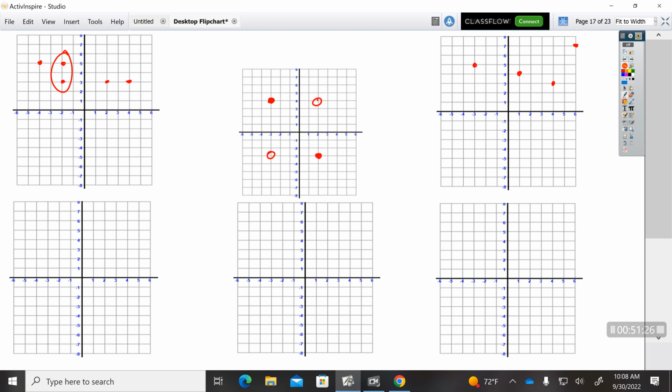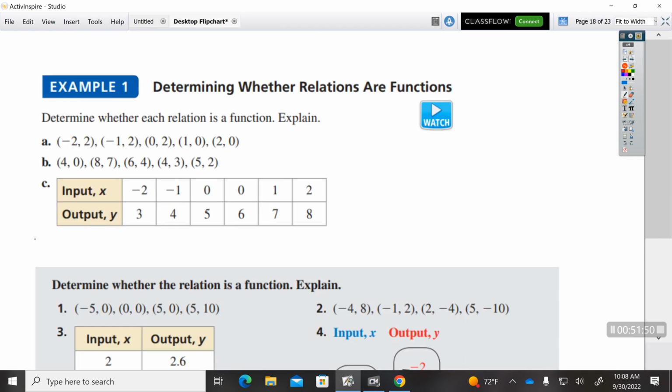Is this a function? Yes, because that dot is empty, which means it goes through it. Is this one a function? Yes, because it goes through it. If they're both solid dots, they crash. If it's open, they give you like 2 questions on Excel like this. You with me? Simple? All right, let's move to the next page.